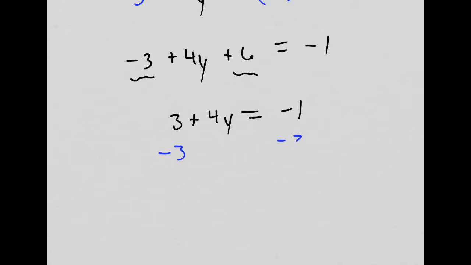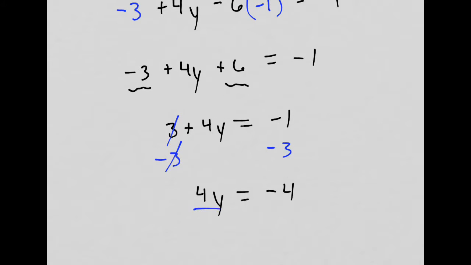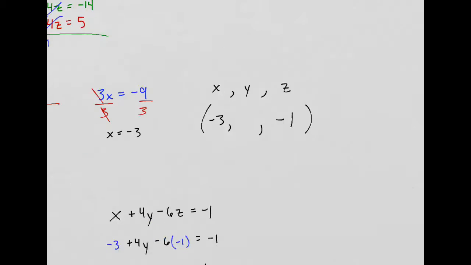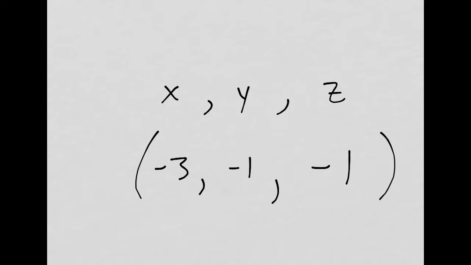Minus 3, that goes away. 4y equals negative 4. Divide by 4. Whew! That's ridiculous. That's so much work. y equals negative 1. If you understand how to solve these, then you can like write a computer program to solve it for you. That'd be cool.